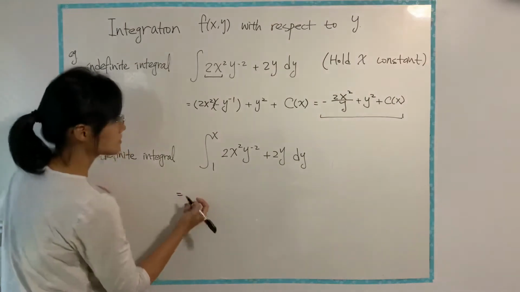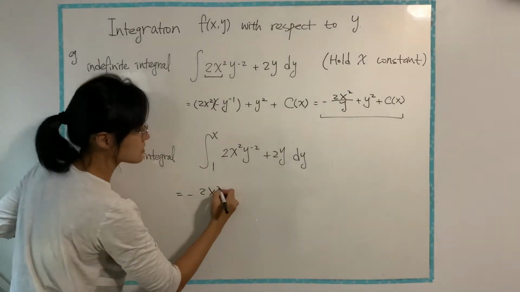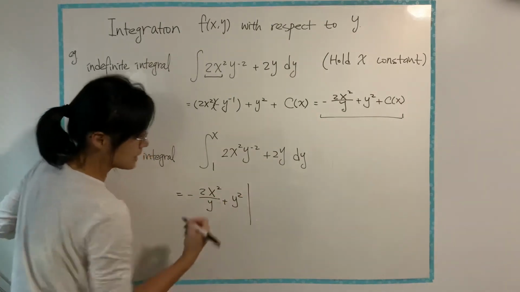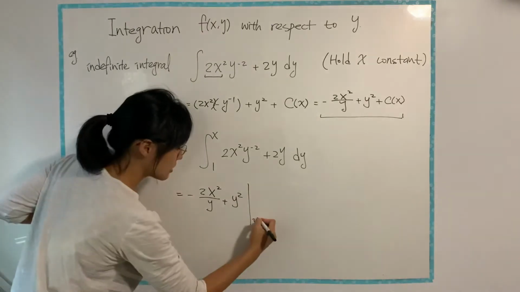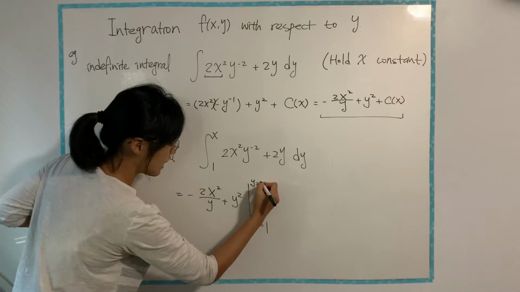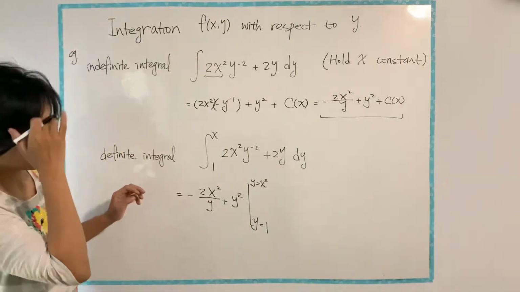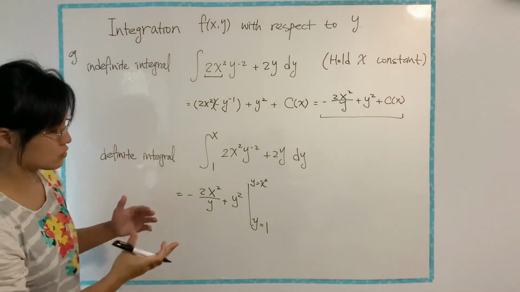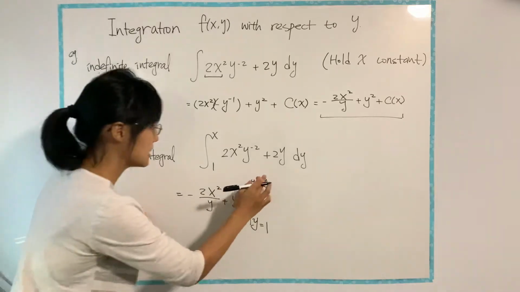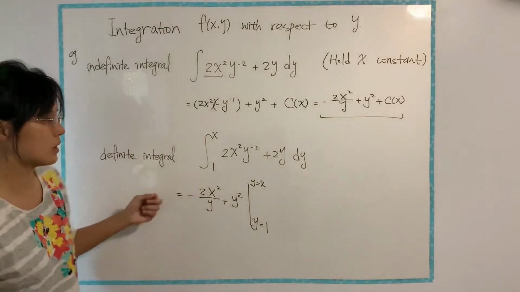Then let me take the antiderivative we found here. So minus 2x squared over y plus y squared. And now I'm gonna evaluate y at the lower limit and y at the upper limit. Okay, so I like to be extra careful, so instead of writing 1 and x, I'm gonna say y equal to 1 and y equal to x.